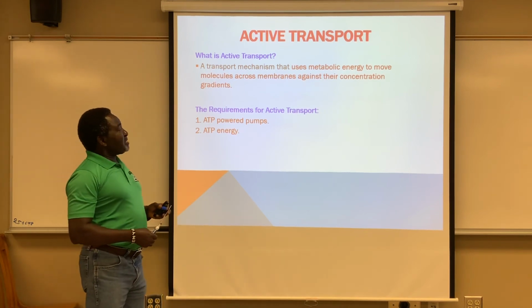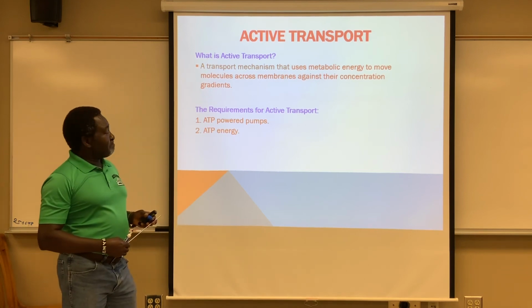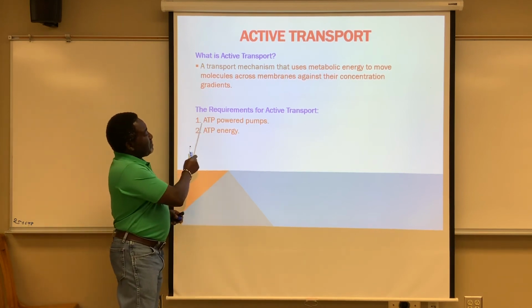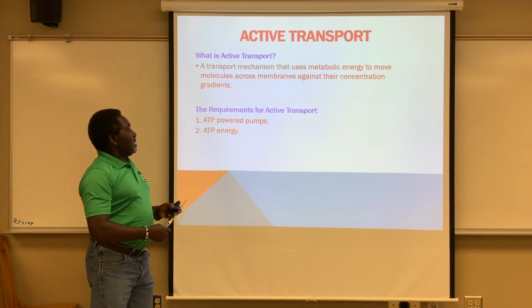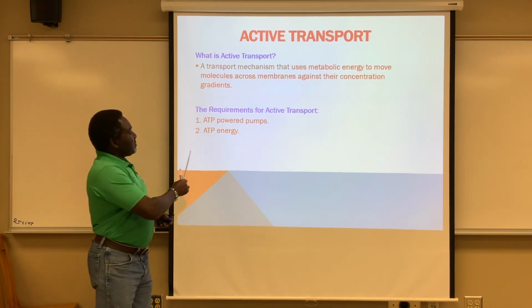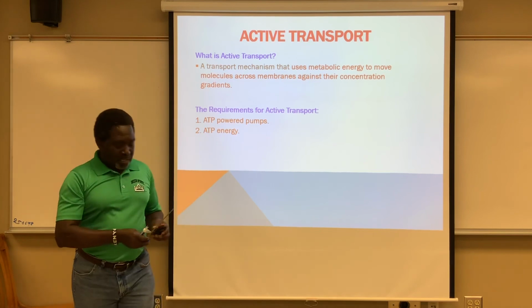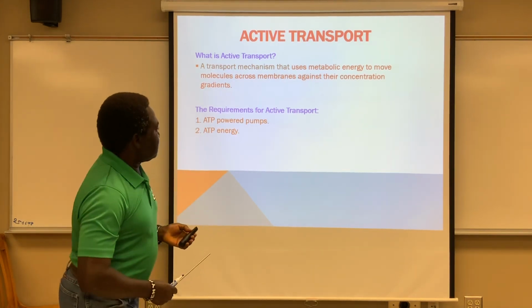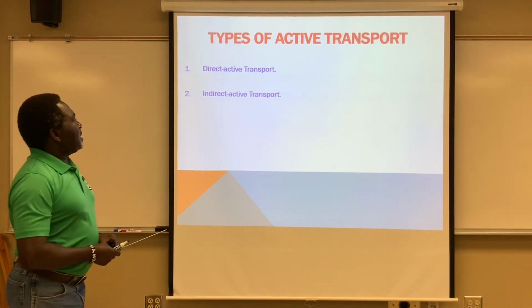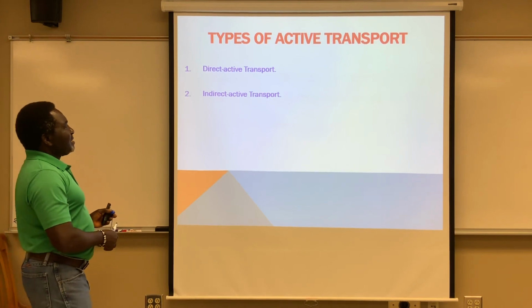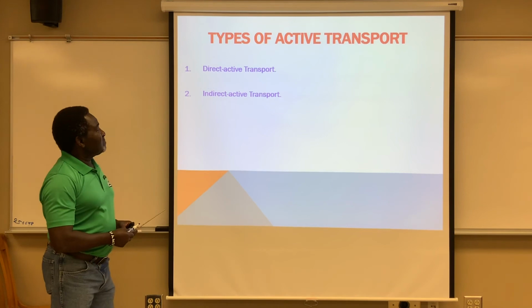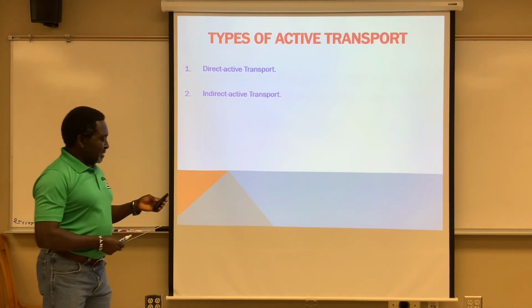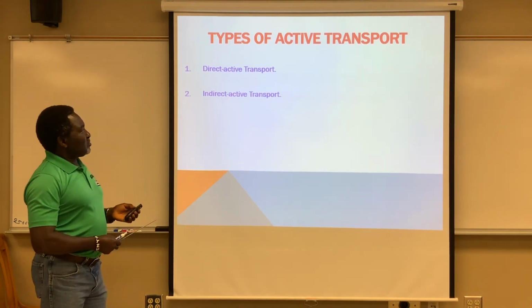The requirements for active transport: you need ATP-powered pumps or protein pumps, and then you also need a supply of energy. Types of active transport: direct active transport and indirect active transport.